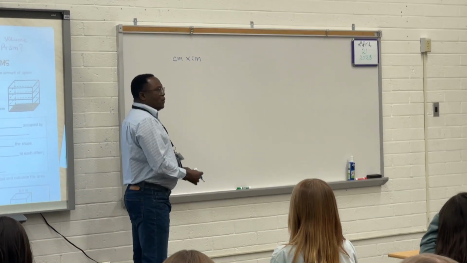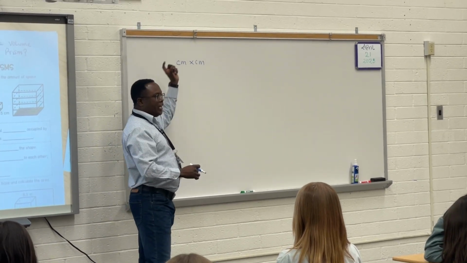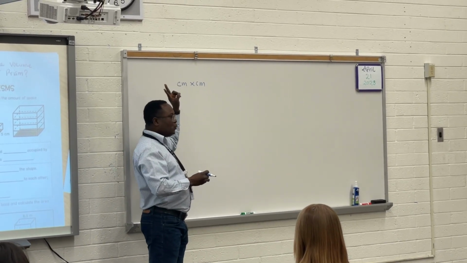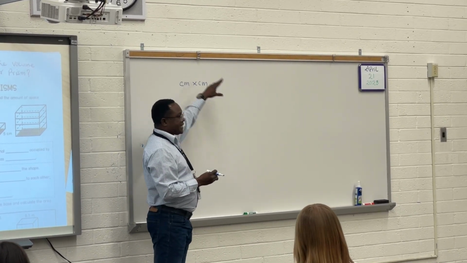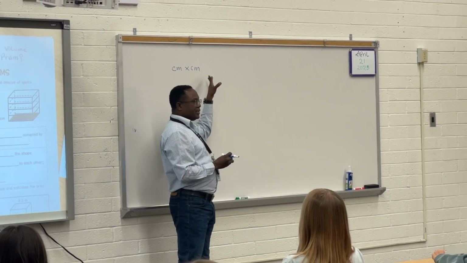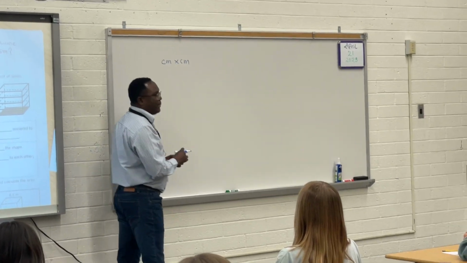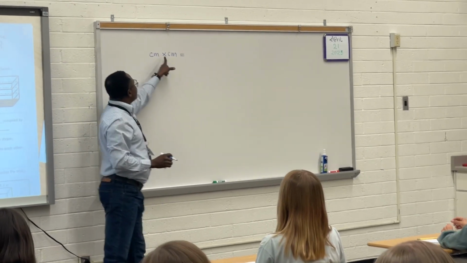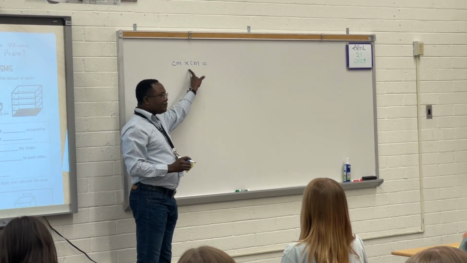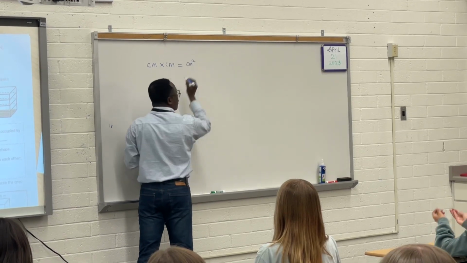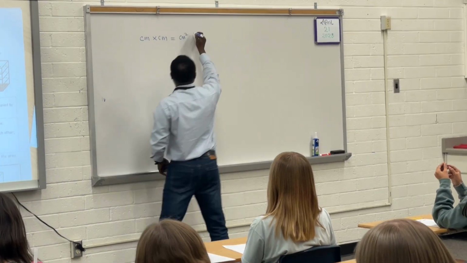Don't forget, to find the area of any geometrical figure, we use two dimensions. So we have, for example, centimeter times centimeter. If you multiply centimeter by centimeter, what do you get? So you get centimeter square. Okay, so this is for the area.